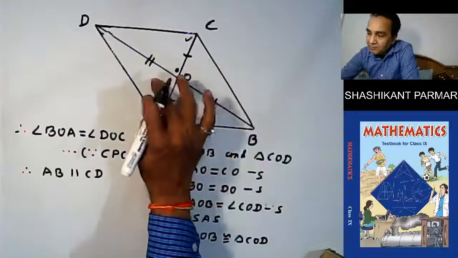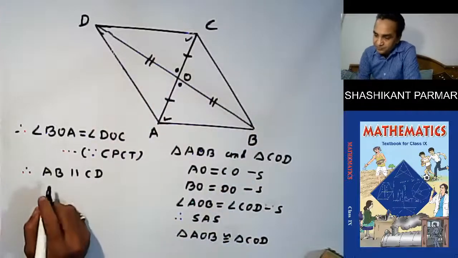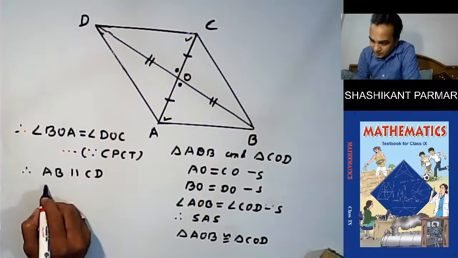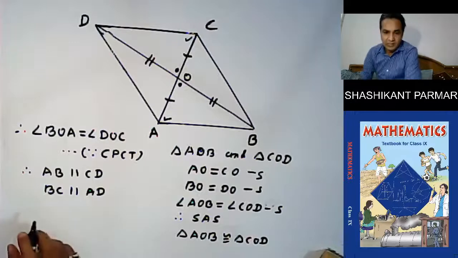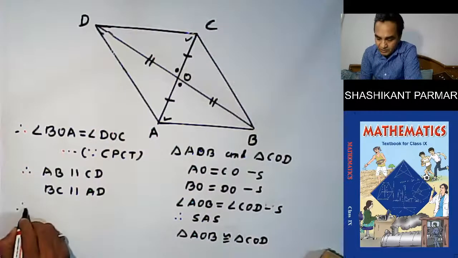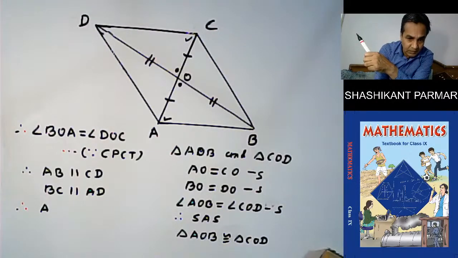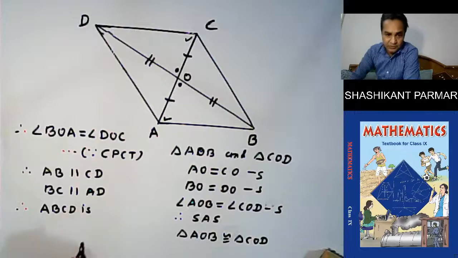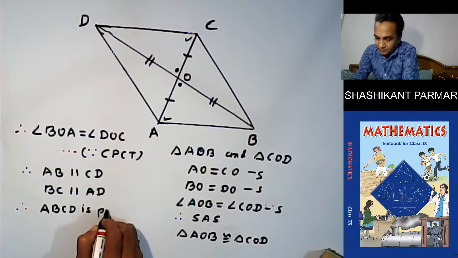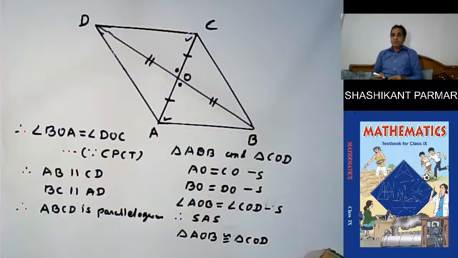And similarly, by taking the other two triangles, we can prove BC is parallel to AD, and therefore ABCD is a parallelogram. So this is the complete proof of theorem 8.7.